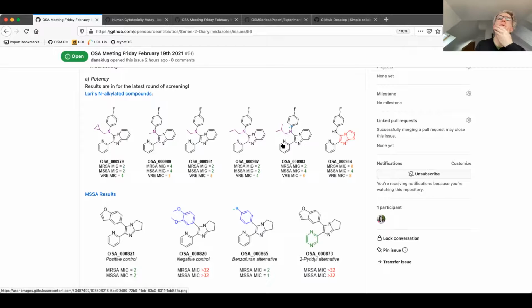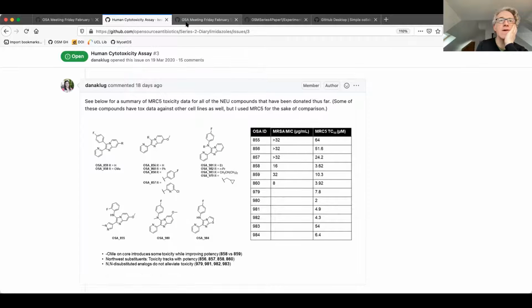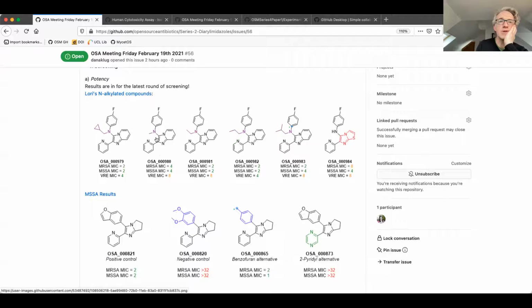I would want to double check these first. 980 is fairly toxic according to this assay, which is remarkably similar to the one we're looking at with a different alkyl chain on here. I definitely want to get these checked out again.